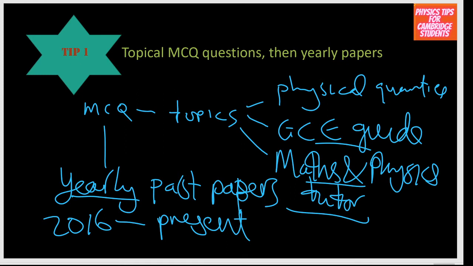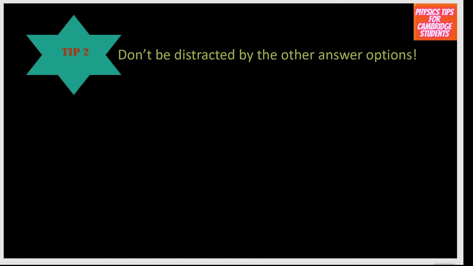Now, tip number 2, don't be distracted. That's now in the exam room. As you get there, remember to watch the other videos on how to conduct yourself in an exam room. This tip number 2 follows from there, which is saying do not be distracted by other answer options that are present.